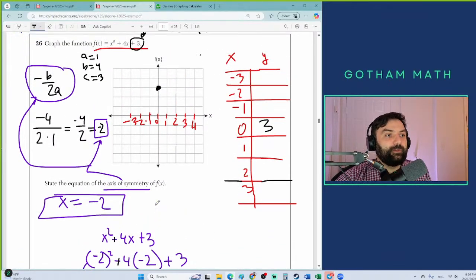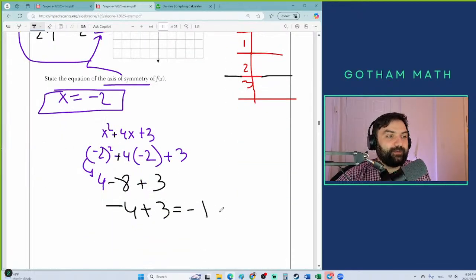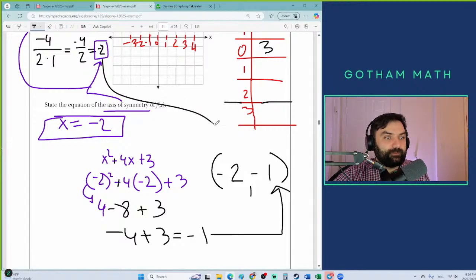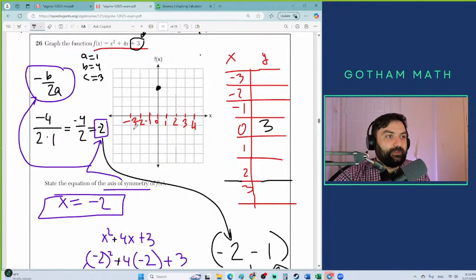Okay, so we go back. We got -1, and this is going to be our second point of the vertex. So our vertex is going to be at (-2, -1). This comes here, and this was our first point. This is the vertex.